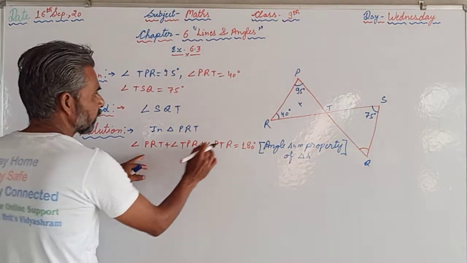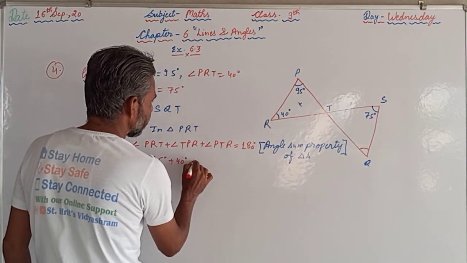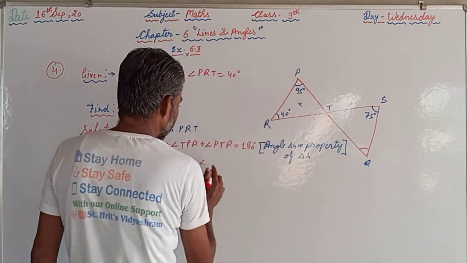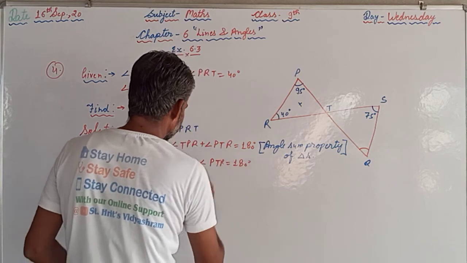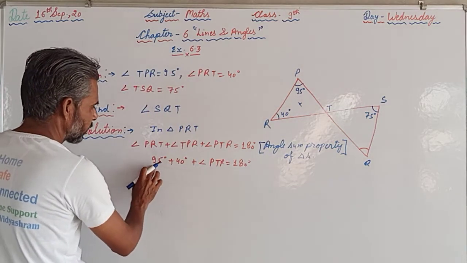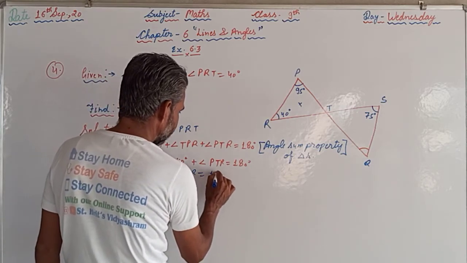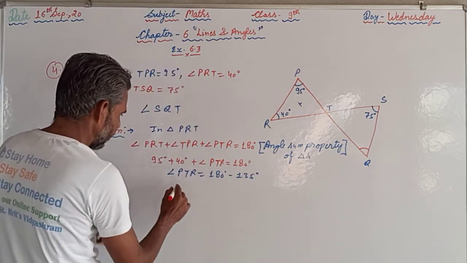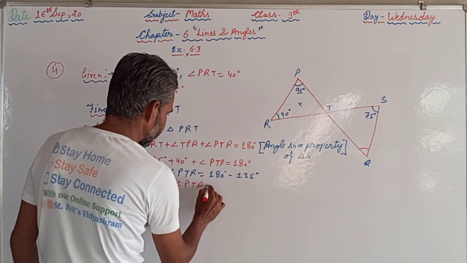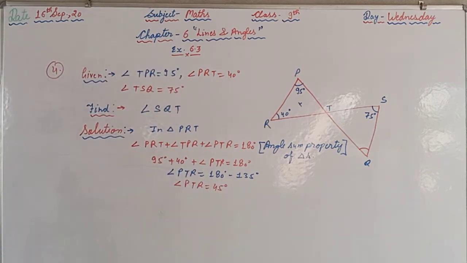So this is given that this angle is 95 degree and this angle is 40 degree plus angle PTR is equals to 180 degree. So 40 plus 95, 135 degrees. So angle PTR will be equals to 180 minus 135 degrees, and angle PTR will be equals to 45 degrees.